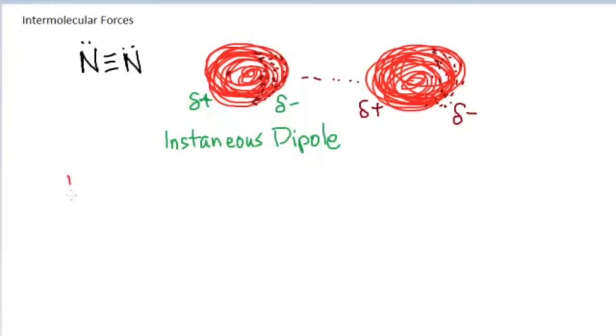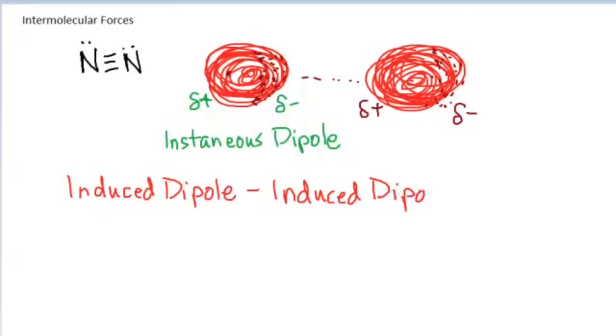We call this an induced dipole attraction. The induced dipole attraction, we'll sometimes say it twice, just like we did with a dipole. We will call this an induced dipole intermolecular force. This is an intermolecular force. It is a force between molecules that aren't necessarily polar. They don't have to be polar. And it is based on an instantaneously induced dipole moment just due to the movement of the electrons in the electron clouds.